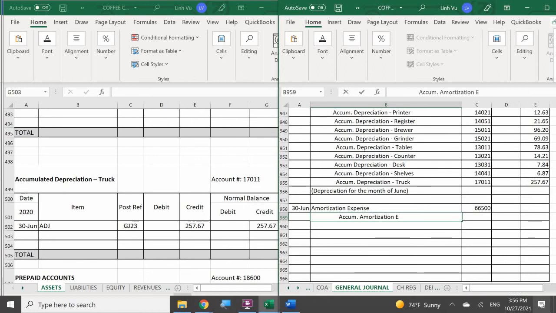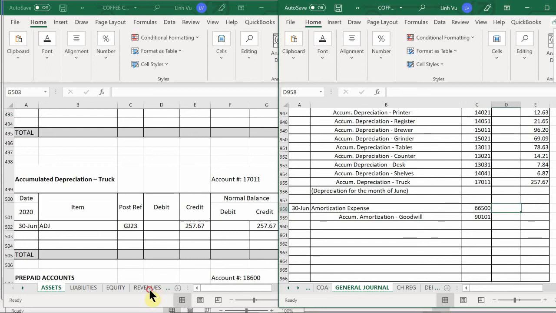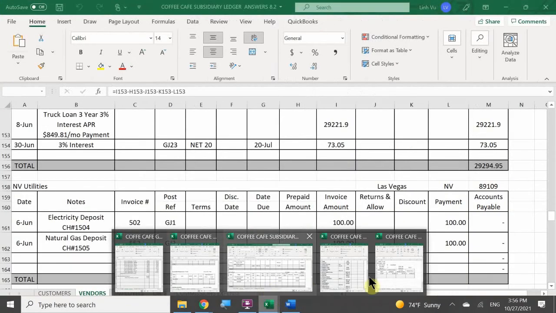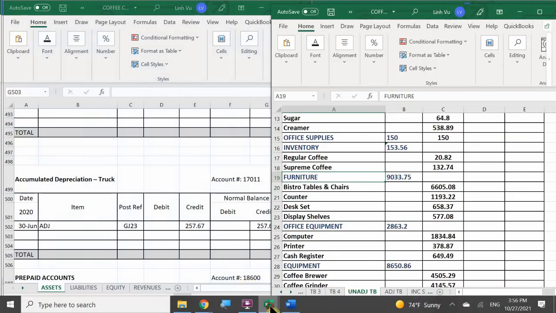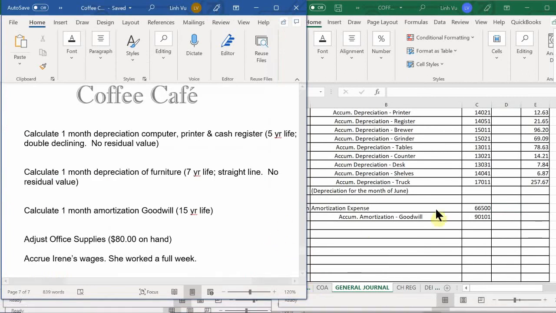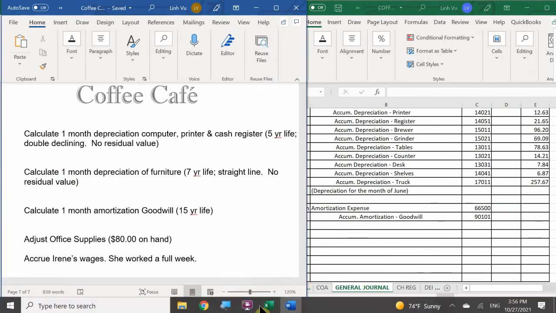We have the goodwill, right? Accumulated amortization, goodwill. It is 19,101. And that's how much it was. It is 1167. 1167, you said? Yes.